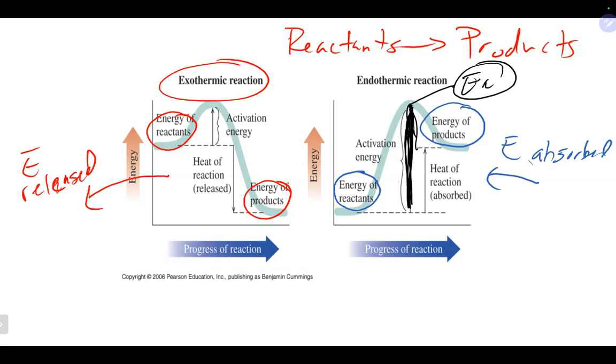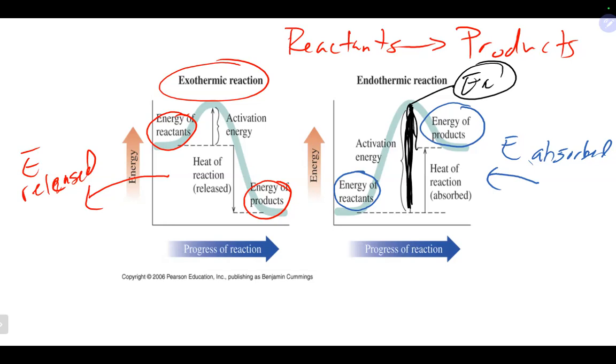Vice versa, if you took all your test tubes and put them on ice before you mixed them together to do the reaction, that's basically like removing energy. So you probably lowered the number of reactant molecules that have enough energy to get up and over to the other side. As a result, you would see the reaction slow down in most cases. That's typically what happens. Any questions on that?